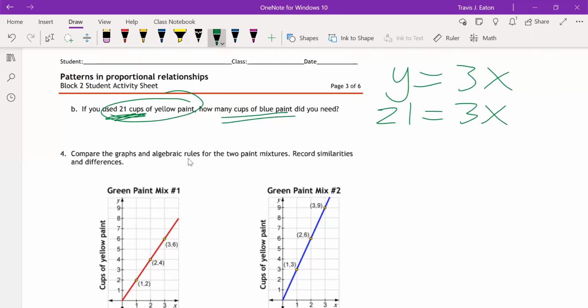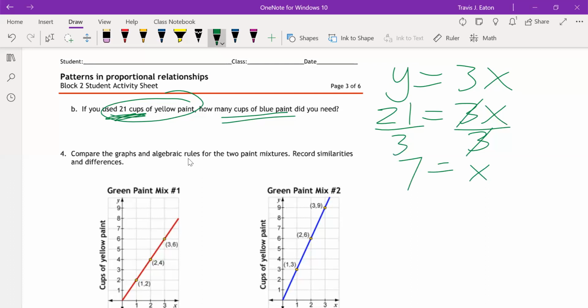We can solve this. This is a one-step equation. Solving a one-step equation, well, it's just the simple matter of undoing what's been done, because we learned this already. Divide both sides by 3. That 3 cancels that one out. And x is equal to 21 divided by 3, which is 7.